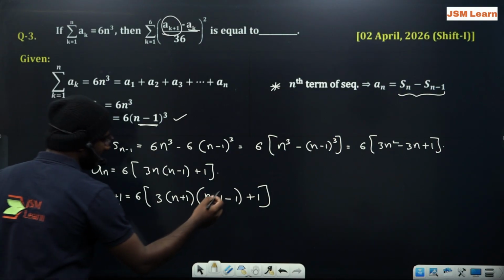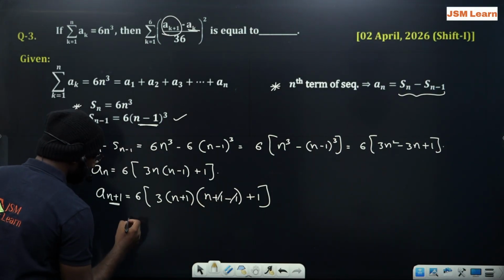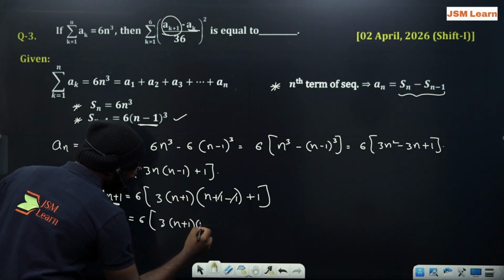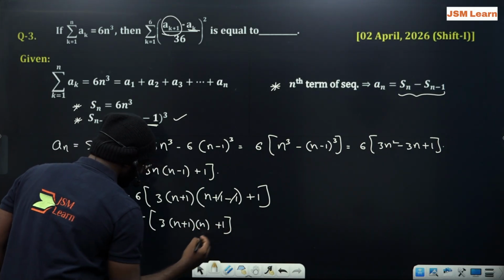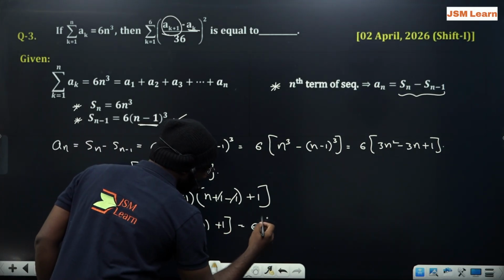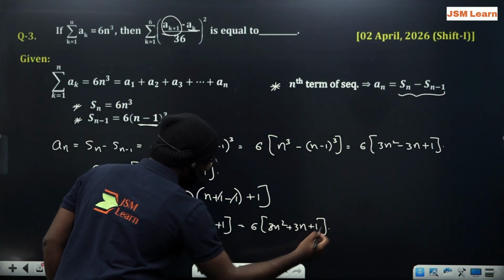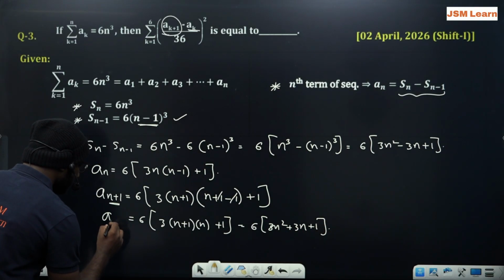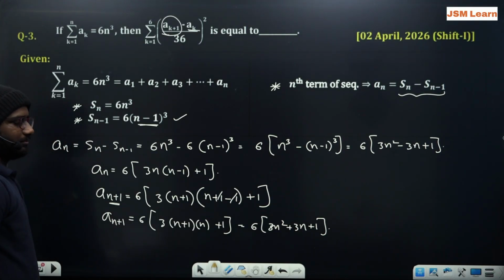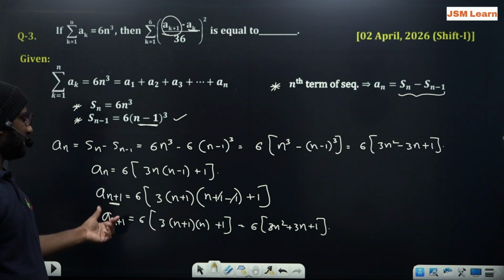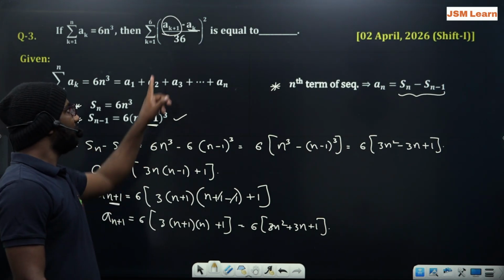On simplifying this, what we will get? 6 times 3n square plus 3n plus 1 we got, which is equals to a n plus 1.